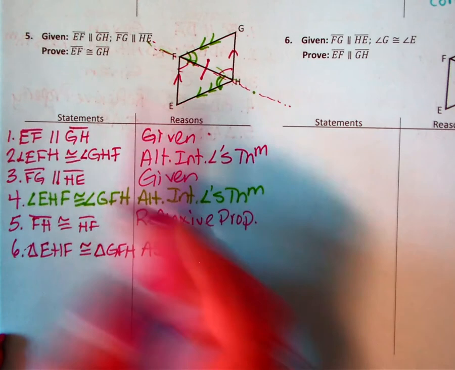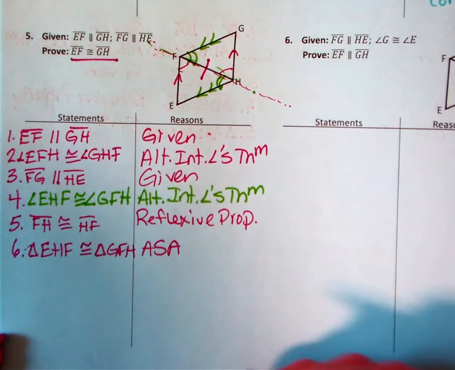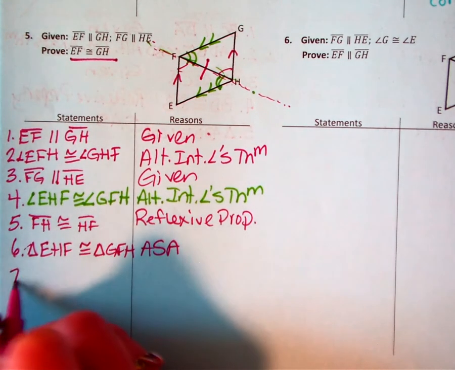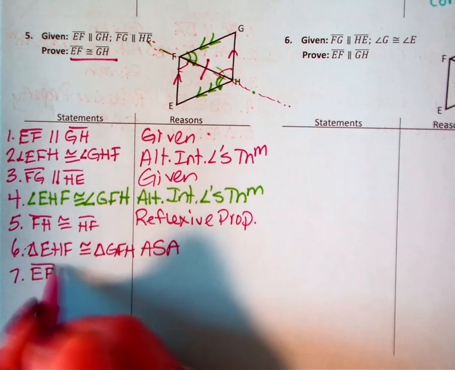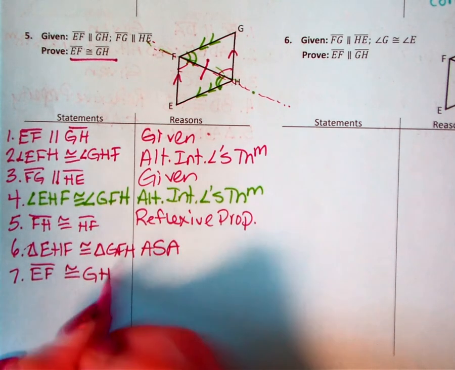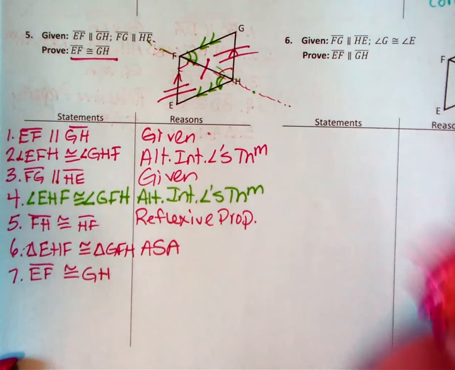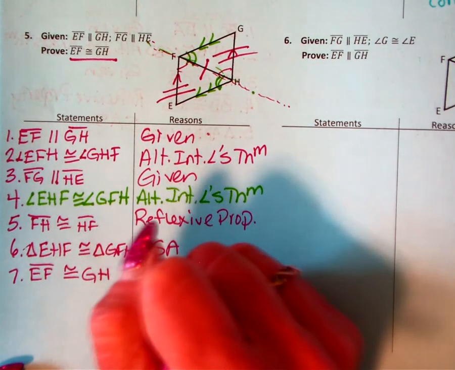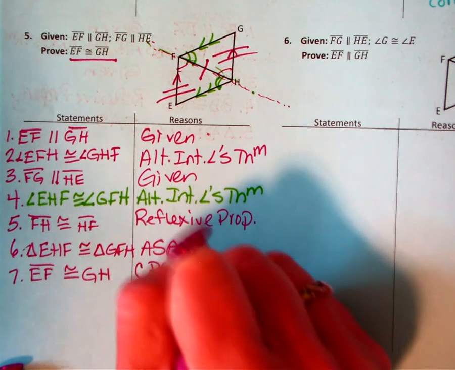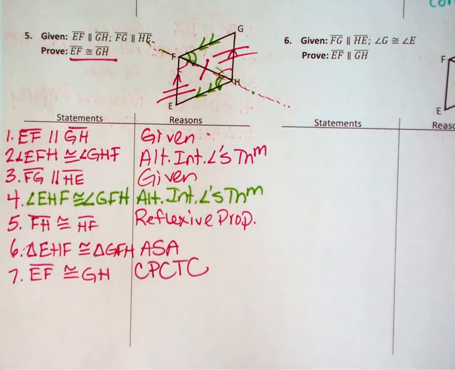Okay, trying to prove segment EF is congruent to GH. They are parts of the triangles, and we can say CPCTC is our reason for that. One step at a time. When you're given something, what can you find from that? What can you use that will be helpful from it?